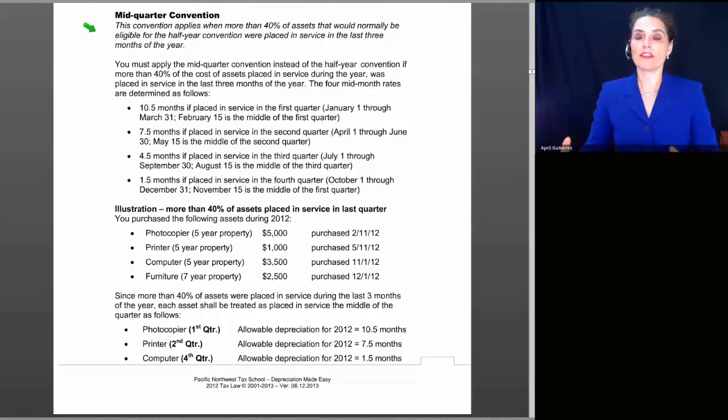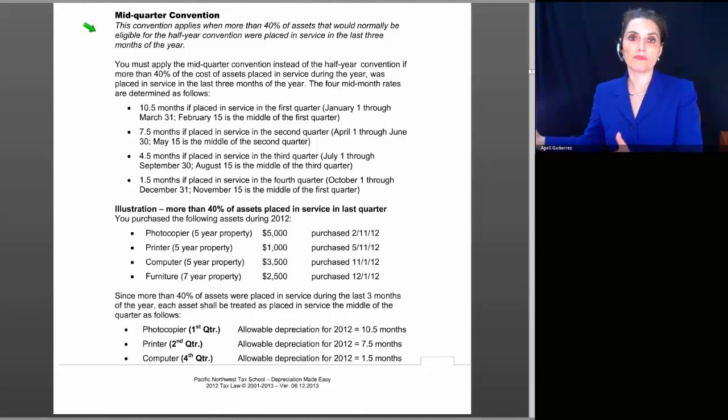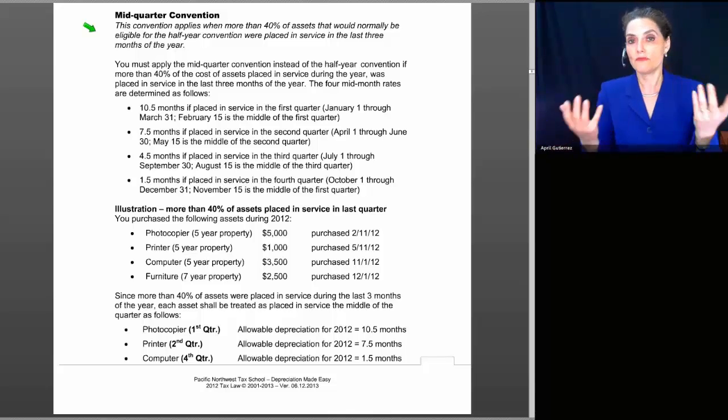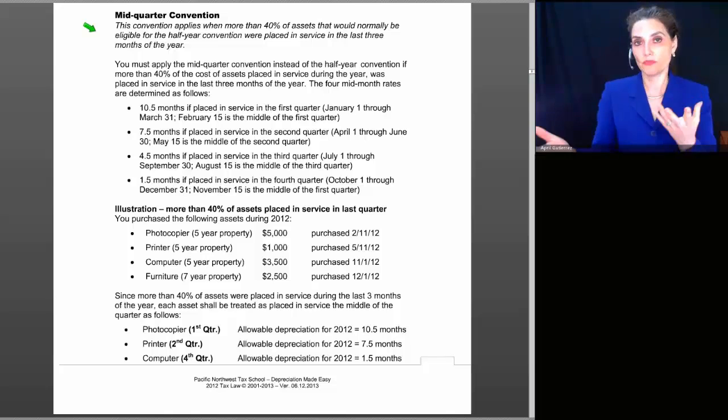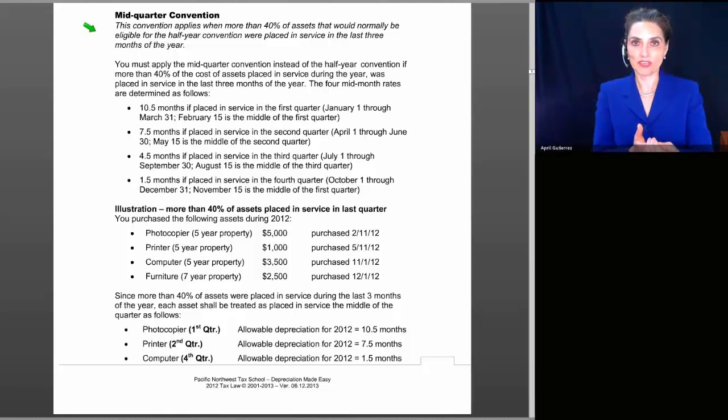So if you narrow it down and you're only looking at personal property eligible for the half-year convention, is the total cost of all assets eligible for the half-year convention that were placed in service during the year more than 40% of that cost attributable to the final quarter of the year? And the final quarter for calendar year filers is October, November, December. If you're fiscal, it would be different, but we're going to work off the calendar system to keep it understandable.